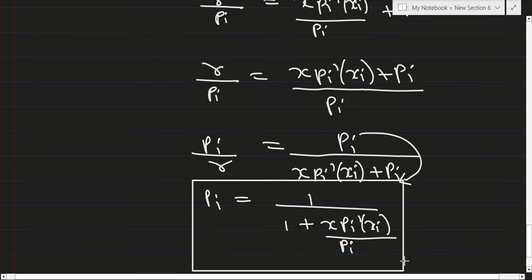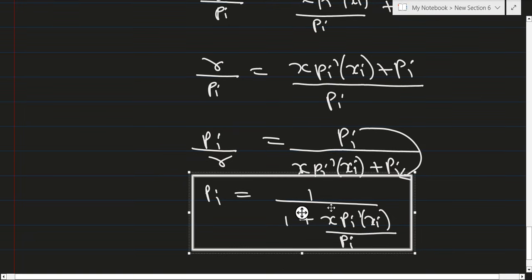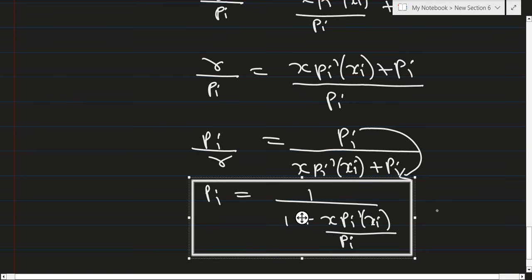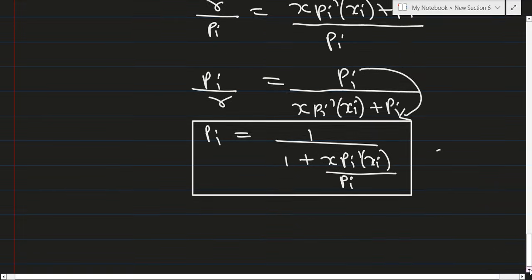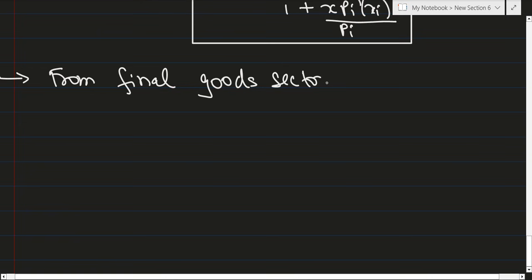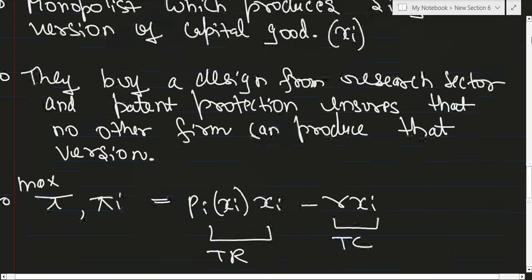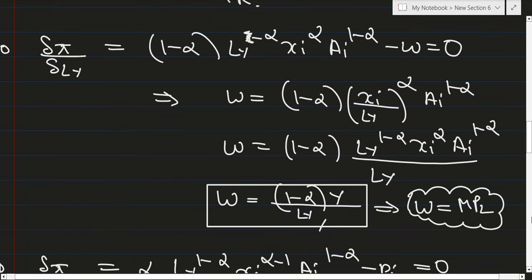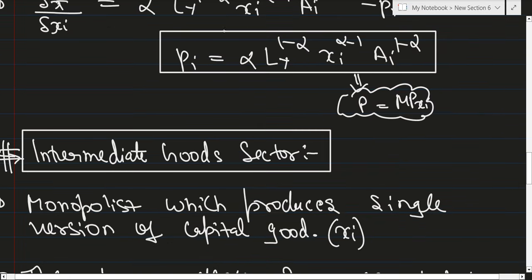There is a whole lot of maths involved in that, so you should have better differentiating skills and algebraic skills. Now from the final good sector, we had one result for Pi. Let's move back to it.